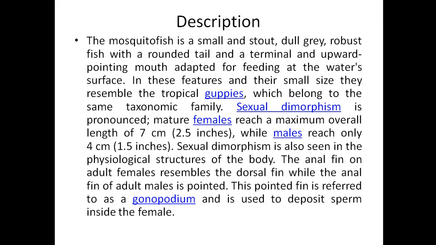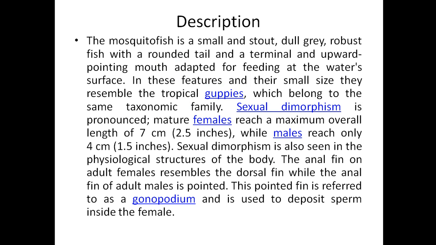It's a small, stout, dull grey, robust fish with a round tail and upward pointing mouth. Male and female are very distinct. Mature females may reach up to 7 centimeters while the male may reach up to 4 centimeters.